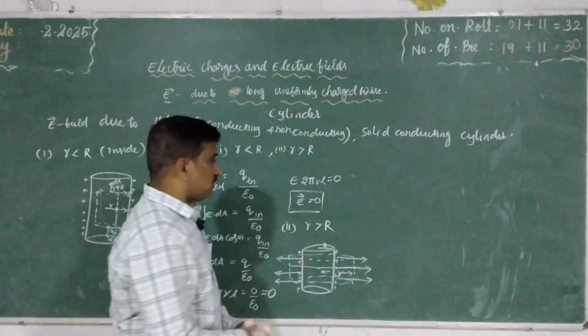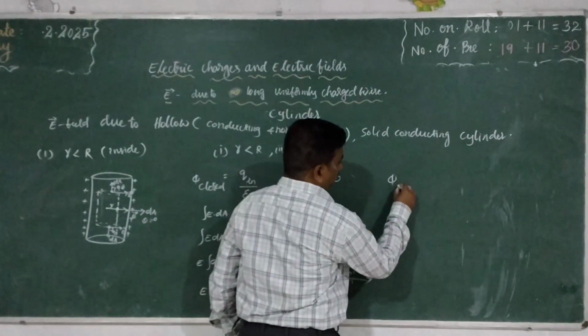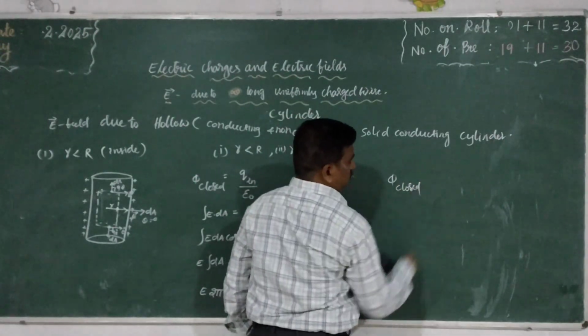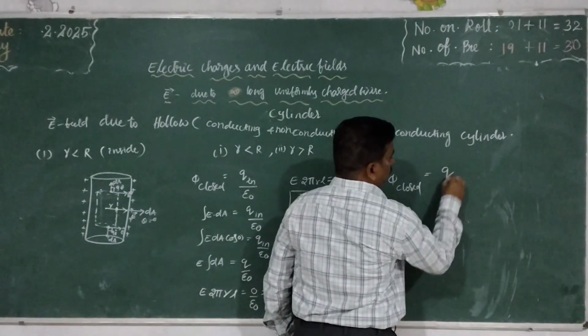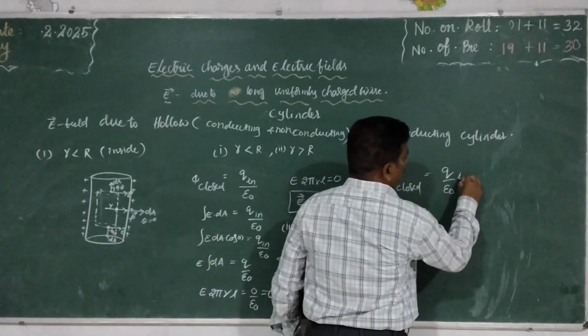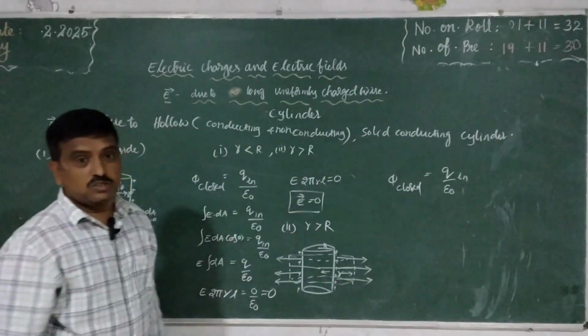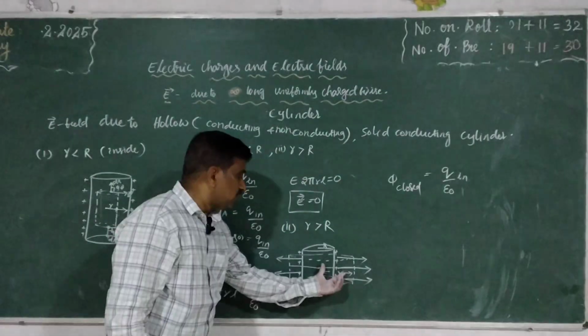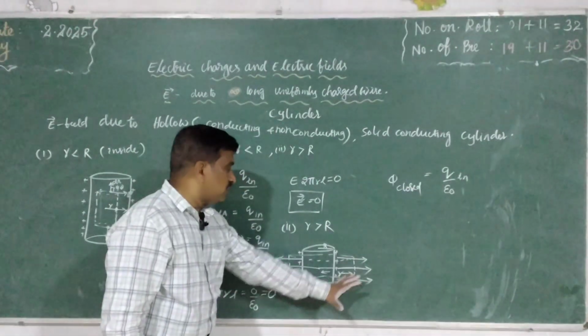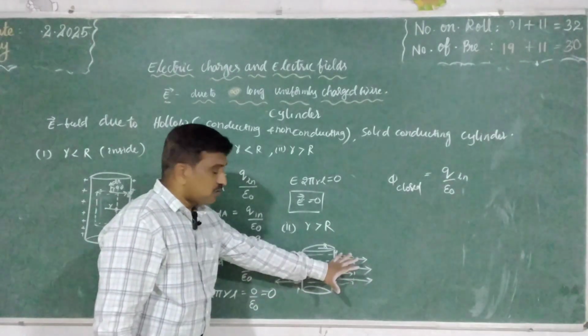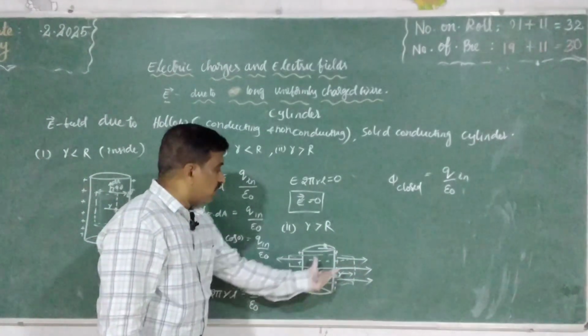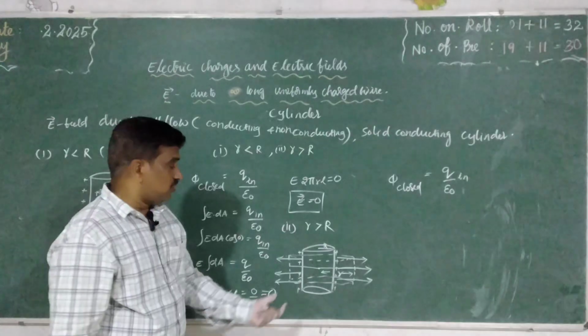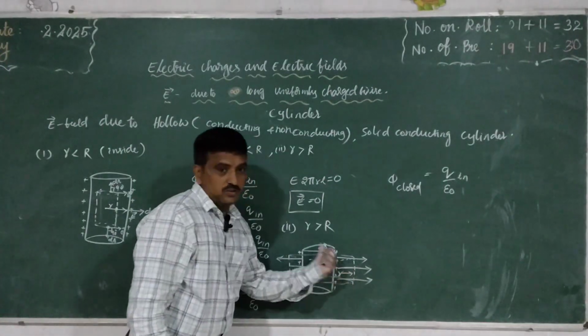So flux through a closed surface equals Q by epsilon naught, where Q is the charge inside the Gaussian surface. Here we can draw the Gaussian surface at any distance from the center. The cylinder is the Gaussian surface, a closed surface.